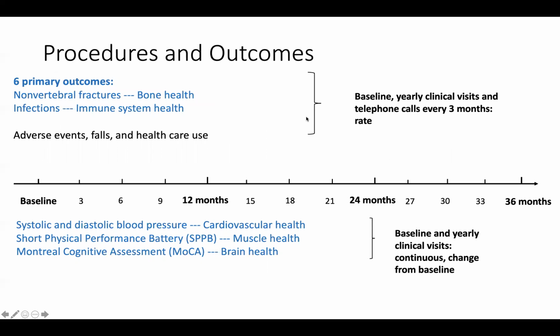It has 6 primary outcomes. The counts of the non-vertebral fractures and infections were measured at baseline, yearly clinical visits, and telephone calls every 3 months, and were modeled as rates. And 4 continuous outcomes were measured at baseline and yearly clinical visits, and were modeled as change from baseline. They represent different domains of health.